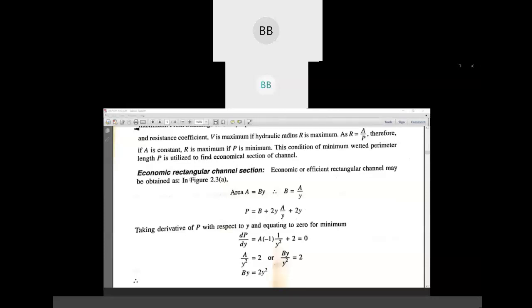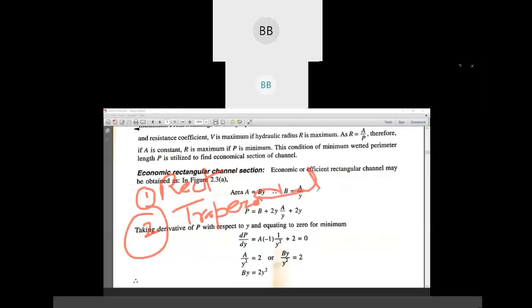Number one, rectangular channel. Number two, trapezoidal. And number three is circular.